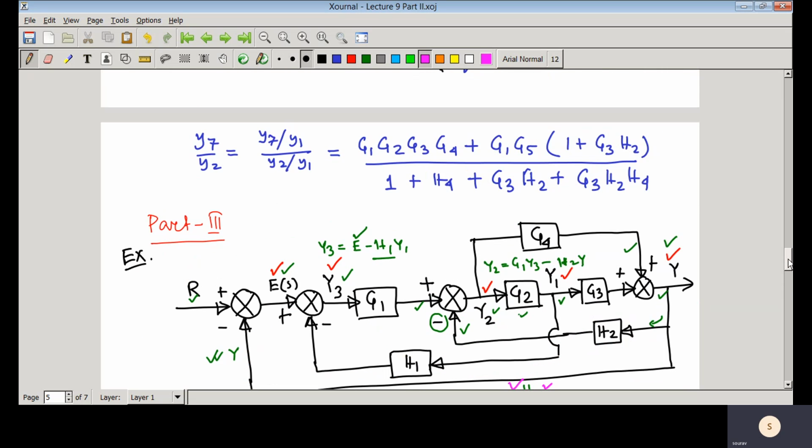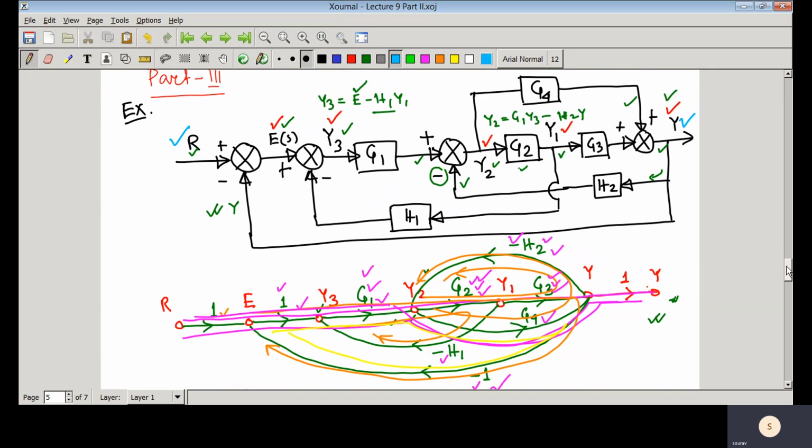So if you have a block diagram and are asked to find the transfer function from R(s) to Y(s), we have already discussed in detail how to find it from the block diagram, and this is another method.